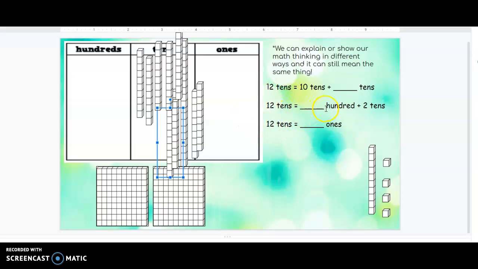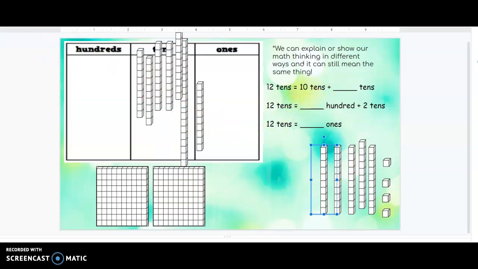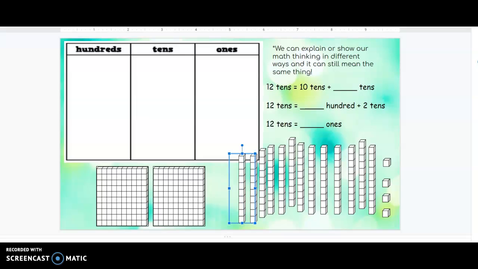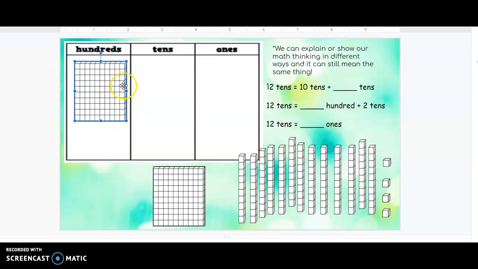All right? How many hundreds plus 2 tens equals 12 tens? Well, I remember that 10 tens, let me take these back. I remember that 10 tens, 1, 2, 3, 4, 5, 6, 7, 8, 9, 10. 10 tens is 100.